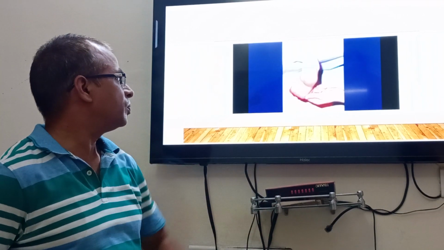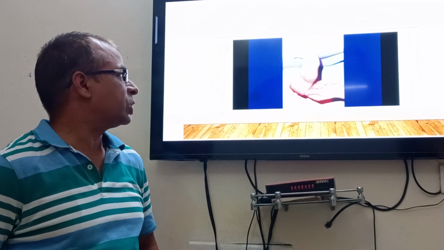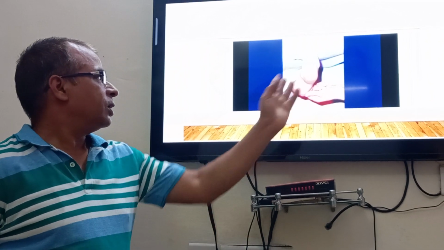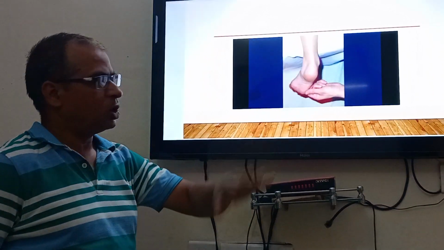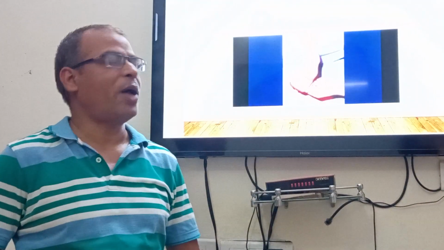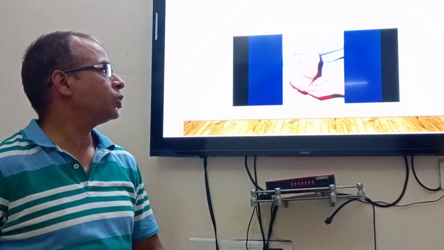This is the model, and this is the heel in varus, and if you are making pressure here, making a force to abduct, then the varus may reduce.